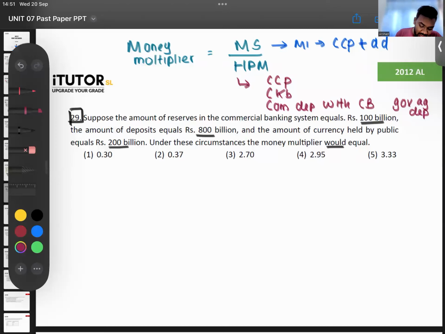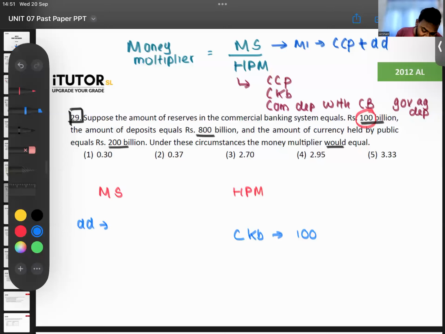We'll see. Now we are trying to calculate the money supply and also the high-powered money. Suppose the reserves in the commercial banking system equal 100 billion. Reserves are, under high-powered money, currency held by commercial banks. Amount of deposits equals 800. Demand deposits are a component of money supply.